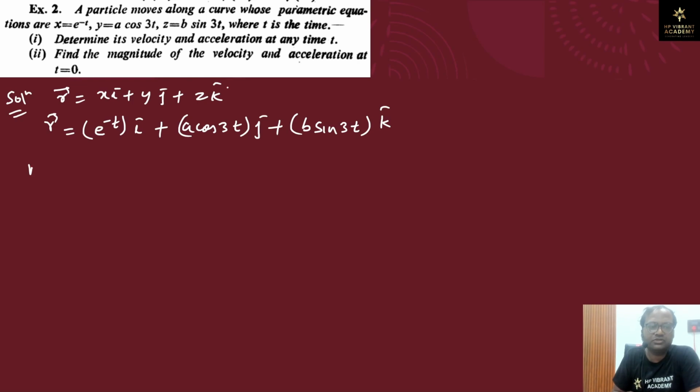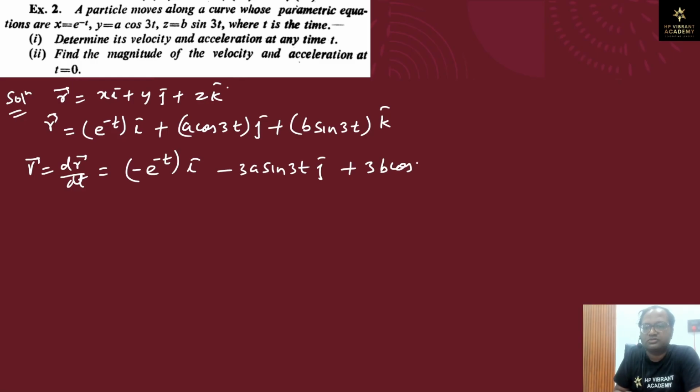Okay, so now velocity is given by dr upon dt. So this is equal to minus e to the power minus t i cap minus 3a sin 3t j cap plus 3b cos 3t k cap. This is the velocity. Okay, and acceleration is given by dv upon dt.